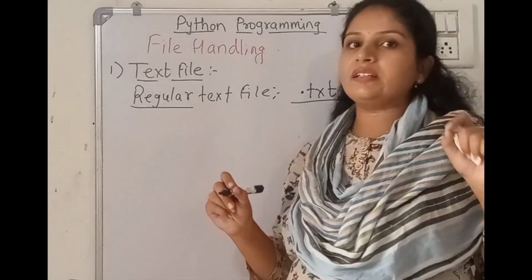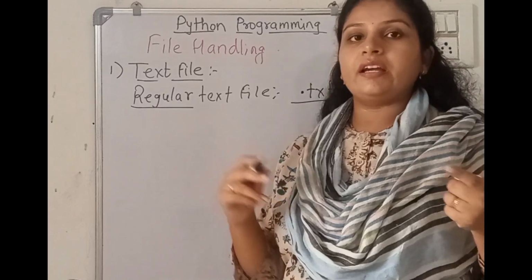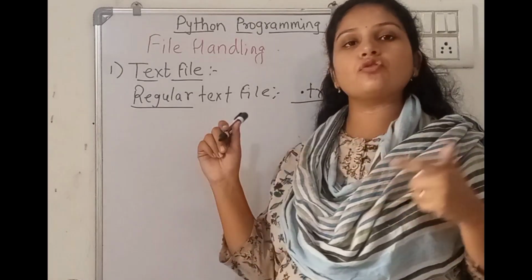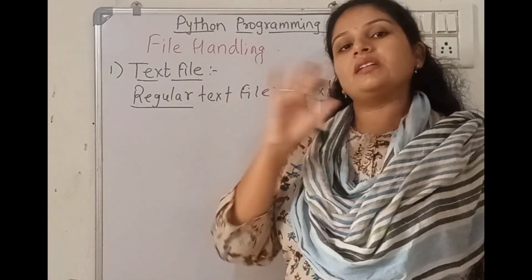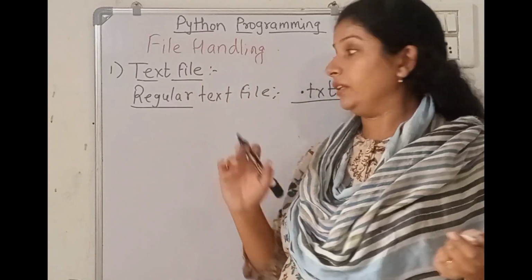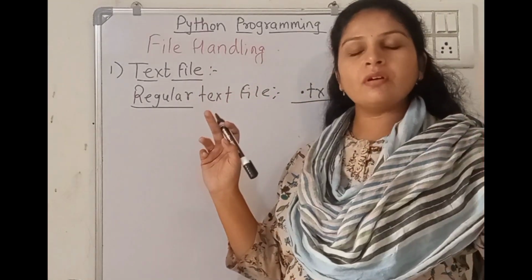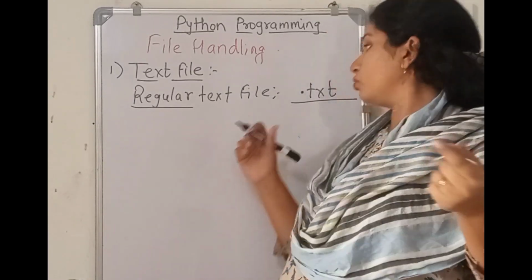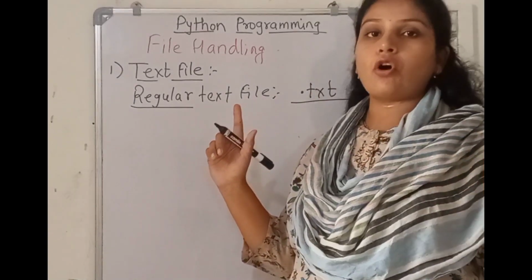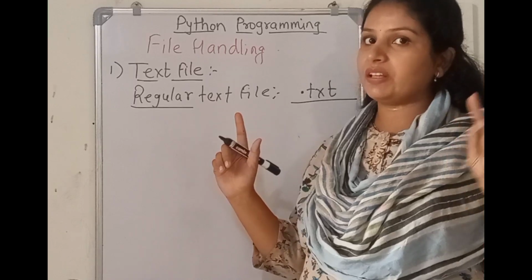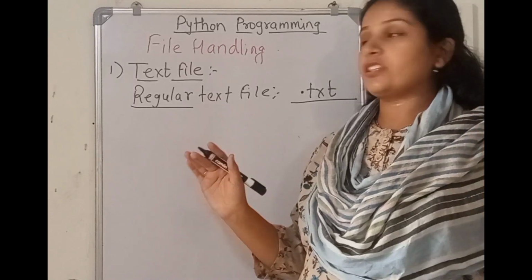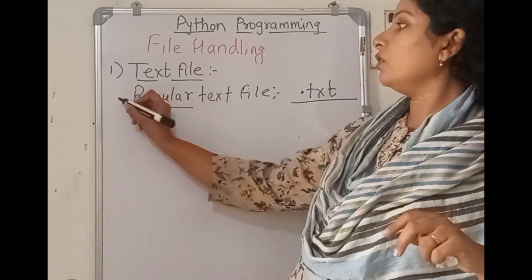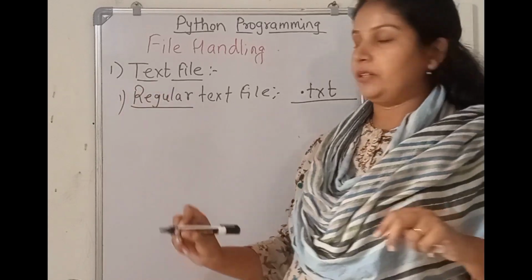So to save any file in .txt format, first you need to open the Notepad file, then write down some content into that file, and then just save it in a particular location that is convenient to you with the extension of .txt. That means you are saving that file into normal text format. That is your regular text file.